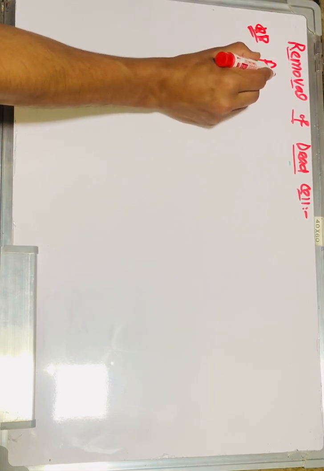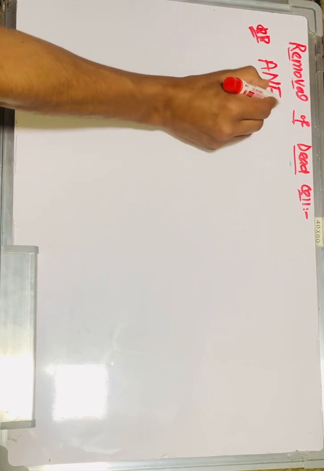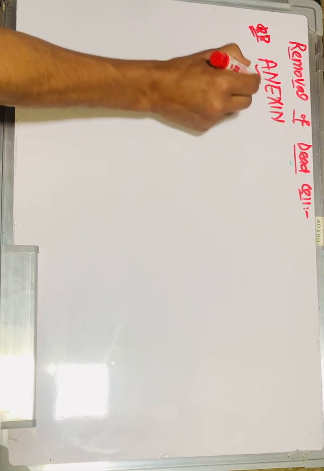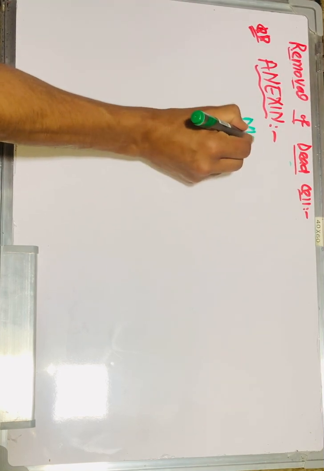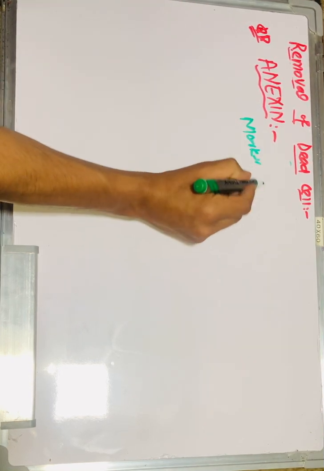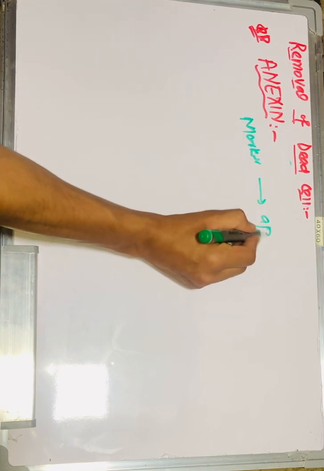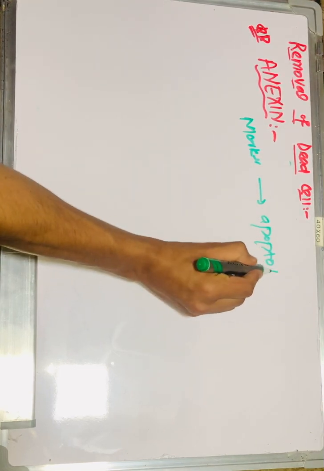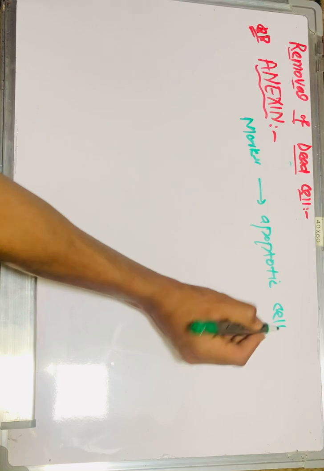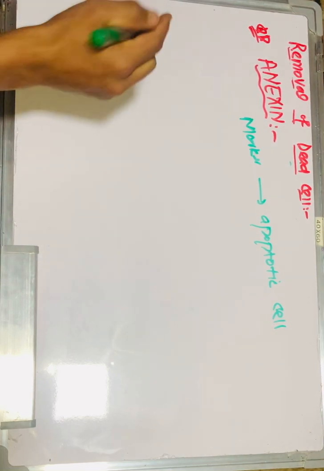It is very important here, I am just repeating, that there is a dye which is used, called annexin. You should know what annexin is. Annexin is a marker which is used for apoptotic cells.